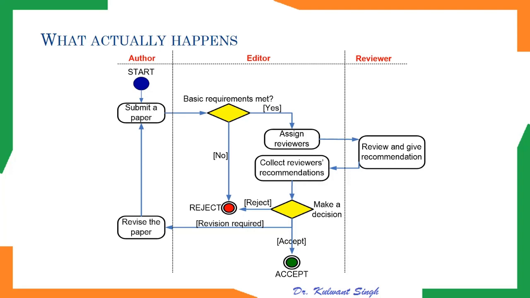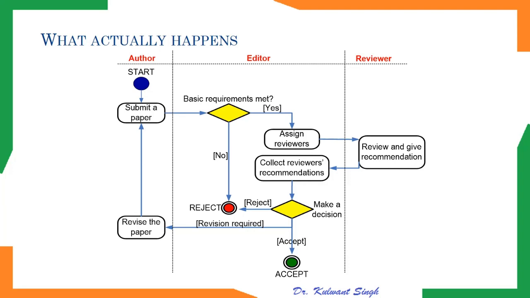After collection of all the comments and recommendations from invited reviewers, the editor takes the decision on your paper. If the reviewer gives the recommendation against your paper, then it will be rejected. And if the reviewer gives the recommendation in favor of your paper, then there may be two stages.